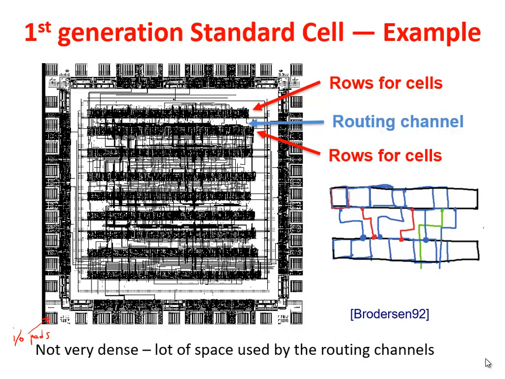Around the chip you can see the pads for all the contacts to the external pins of the circuit. And you see, basically, the circuit is arranged in rows. You have a row of cells, which is the black one. And then you have a row which is whitish, and it's basically blank space used only to pass the interconnections. Then you have another row of cells, and then another white row for interconnects.